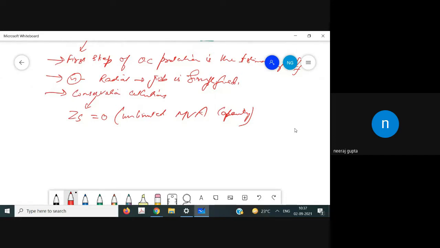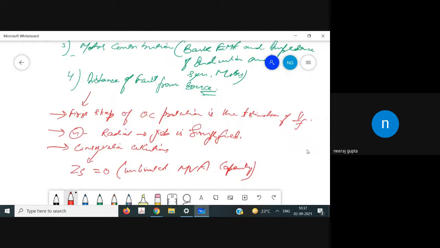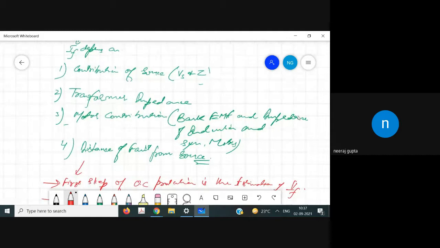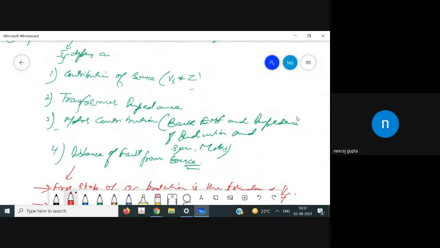Since we are considering the source impedance as 0, you can say the maximum fault current is limited by the contribution of source impedance, so we have neglected that. We have taken that assumption.